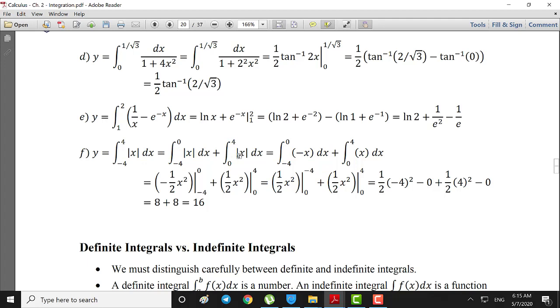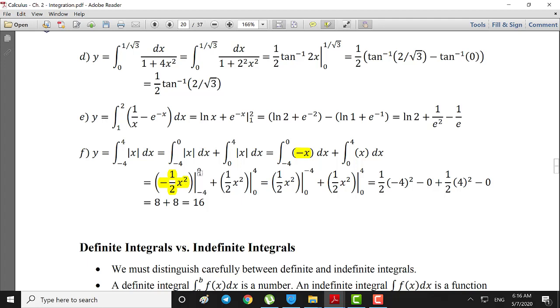And for the second integral, the integration from 0 to 4 of absolute value of x dx, we know that the absolute value of x is going to be equal to x for the values of x that are positive. So the second integral here is going to turn into this integral here. Now, here we have two very simple integrals to calculate. For the first one, the antiderivative for minus x is minus 1 over 2 x to the 2.